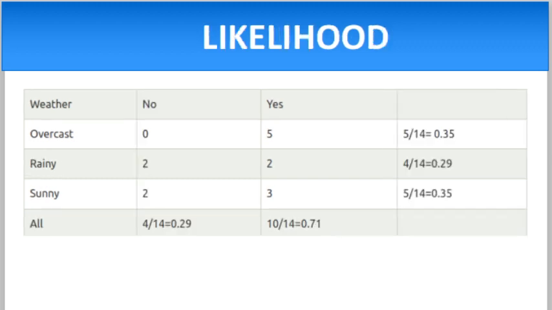Then next is the likelihood. We have a likelihood table from the weather conditions. This is the likelihood. Now applying the Bayes theorem.